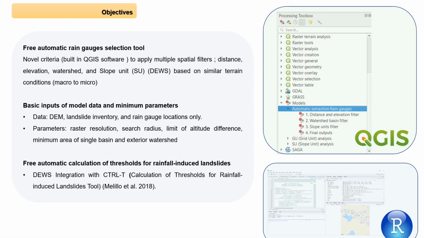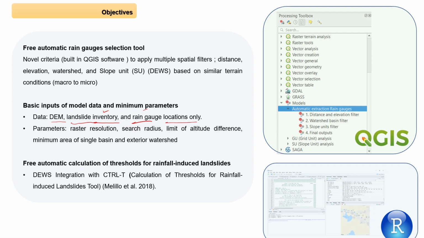We need just the DEM of the study area, the landslide inventory, and the rain gauge. So just three kinds of information. We need the locations, because later the attributes will be used. Here we need the location of the rain gauge and the landslide inventory, and here the DEM.